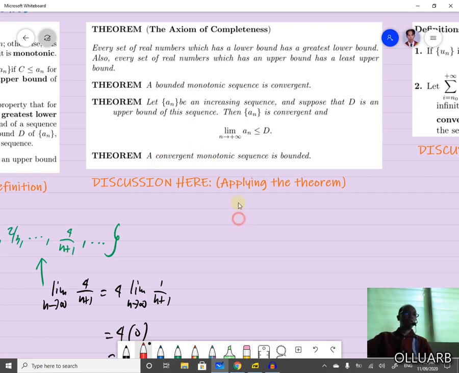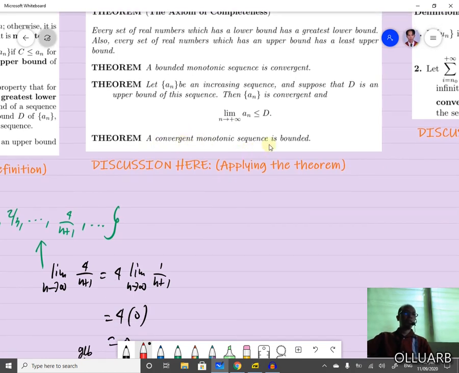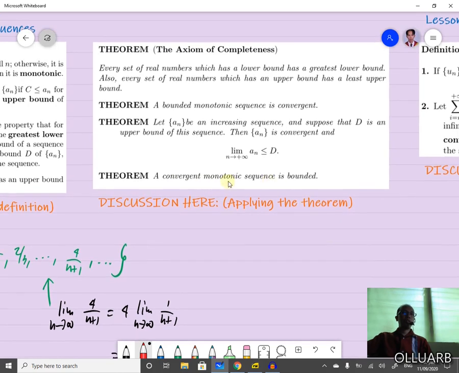For the last theorem, we have: a convergent monotonic sequence is bounded. What does it mean? If the sequence is convergent and monotonic, meaning it is either increasing or decreasing, then it is bounded. All you have to do is get an example of this. Try to get an example to illustrate this theorem.